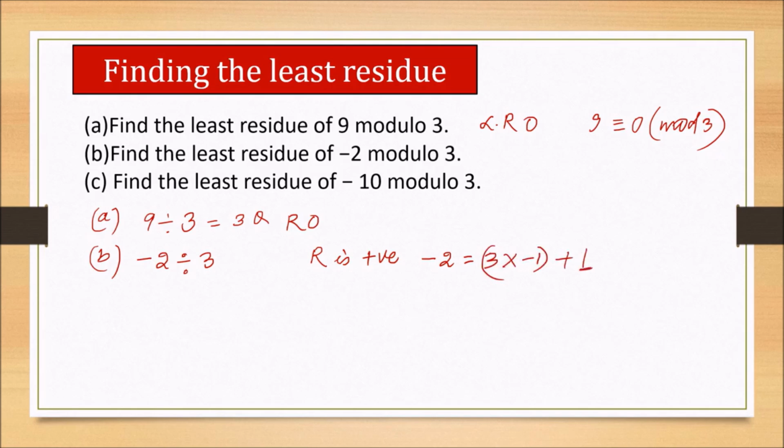So this is my remainder. Let me explain again. Negative 2 divided by 3, I'll write negative 1, then it will be negative 3, and I'll subtract, 1 is the remainder. So here the residue will be 1.